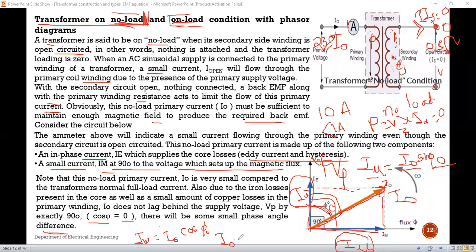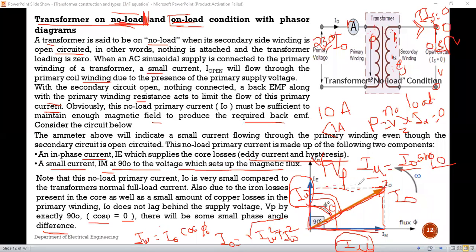I0 is equal to under root of I mu square plus IW square, that is the magnetizing current squared plus the working component squared.